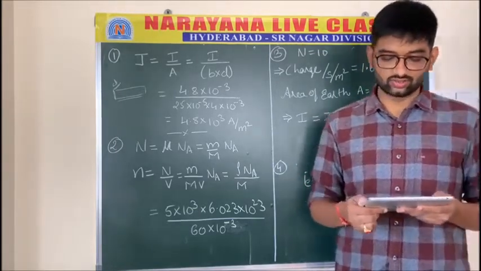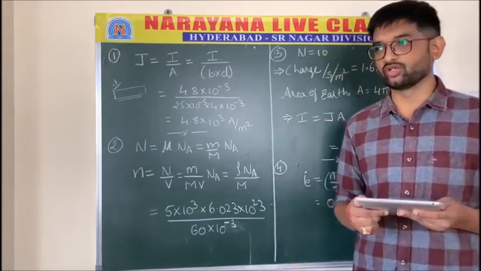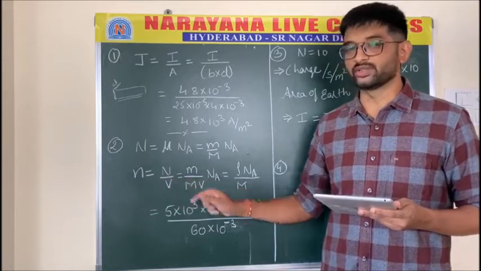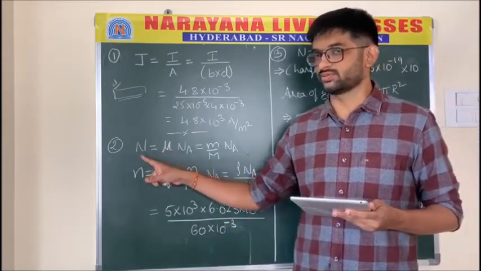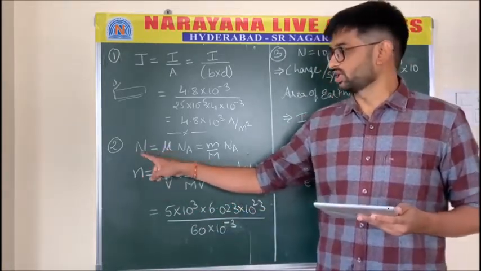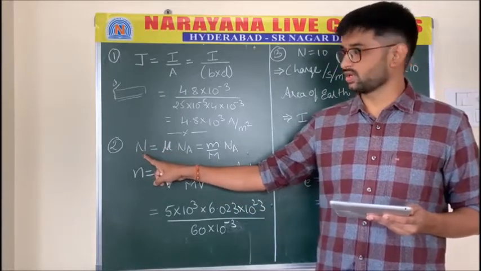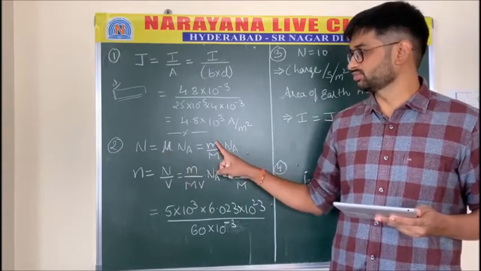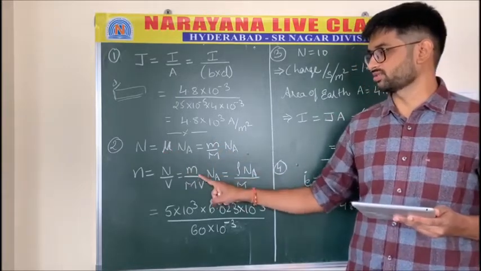So you are asked to find out the number of free electrons per unit volume. So total number of electrons per unit volume, this is what we need. Now from the Avogadro number concept, we know the total number of atoms is equal to mu, number of moles, into Avogadro number. This mu is small m by capital M. This is what we are substituting here.